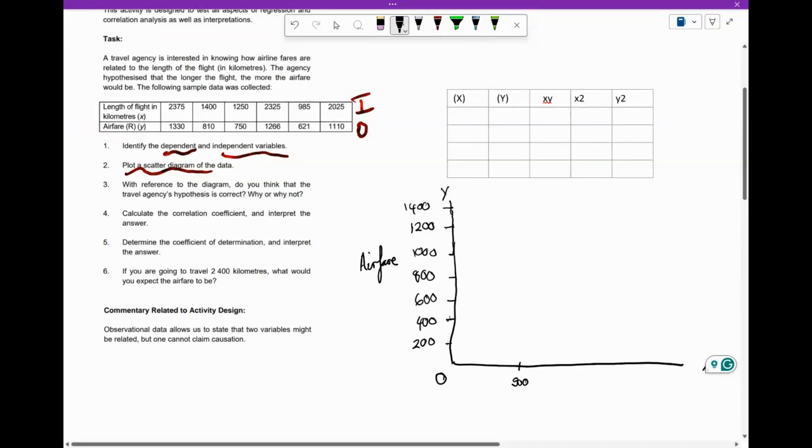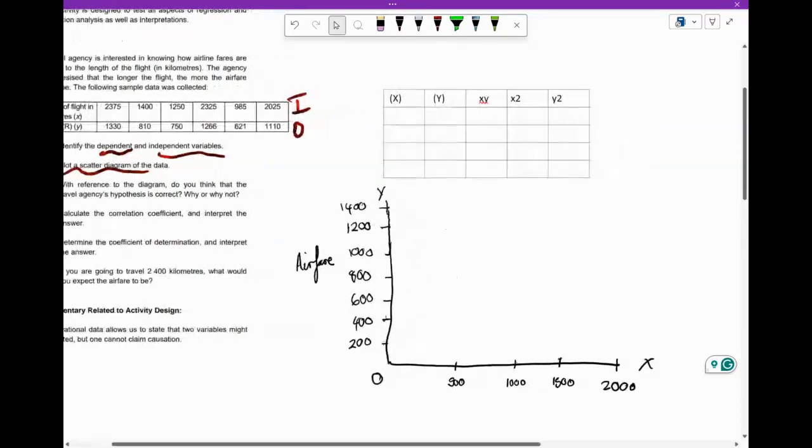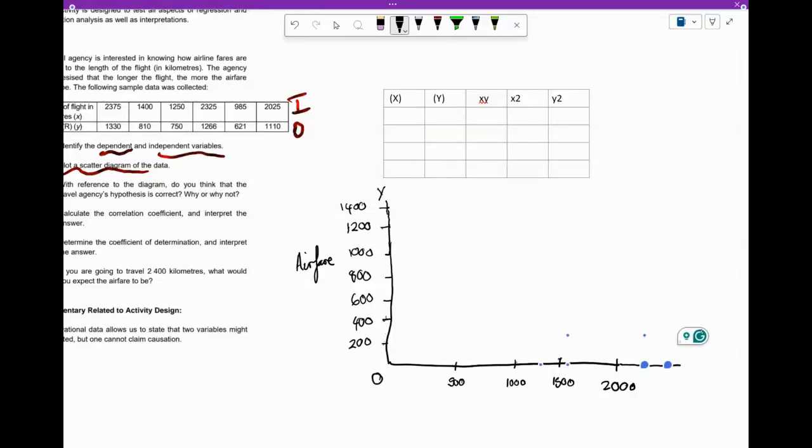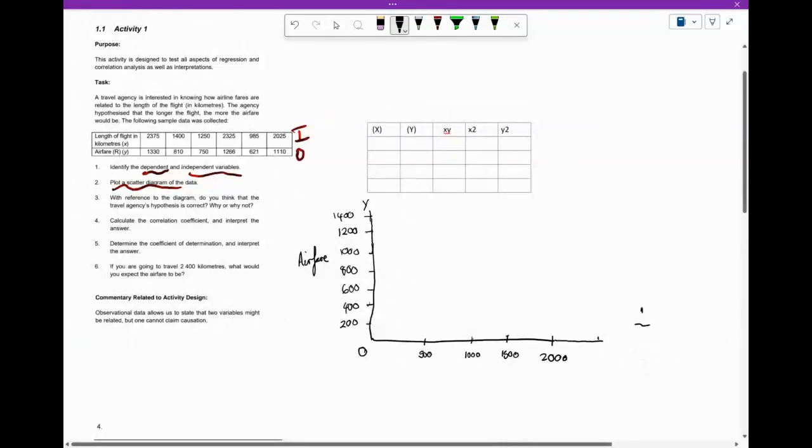So 500 over there, 1,000, 1,500, 2,000. I think we can put 2,500 there. Okay, cool.